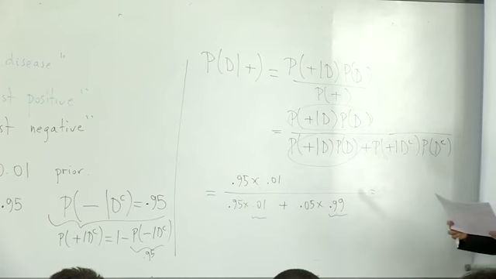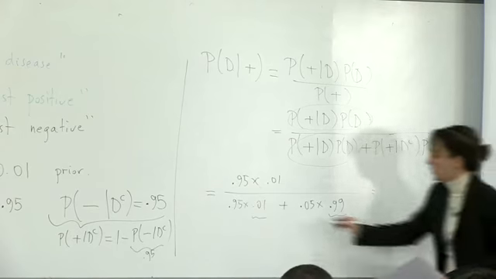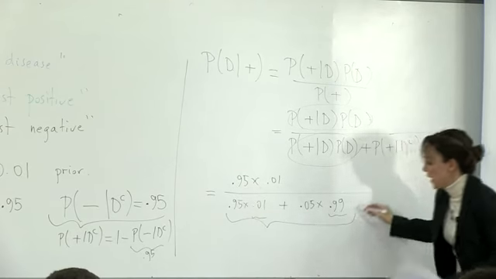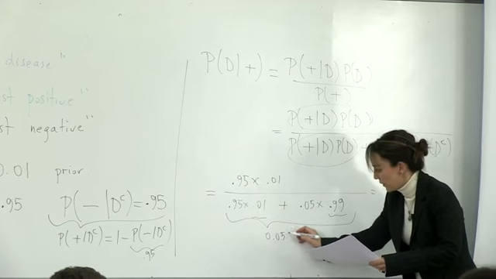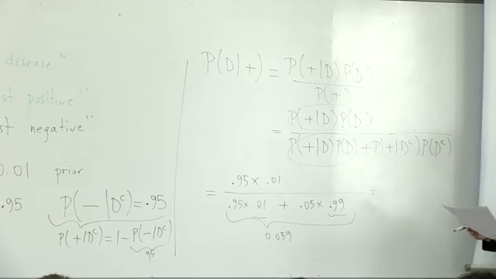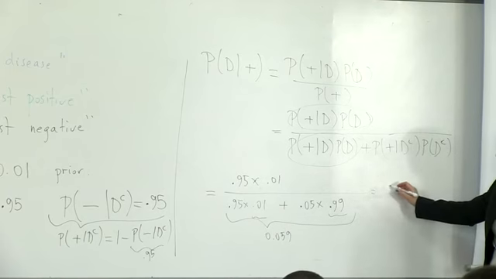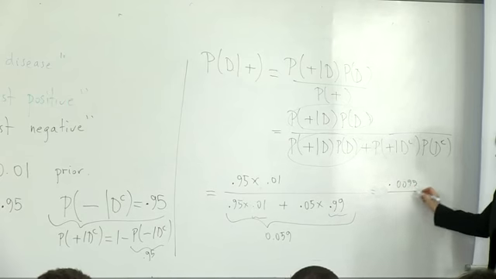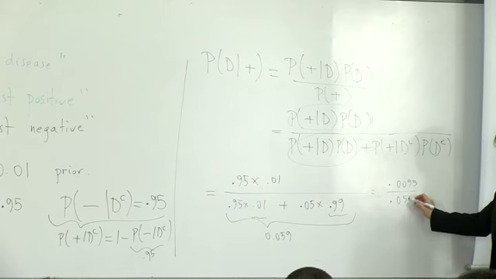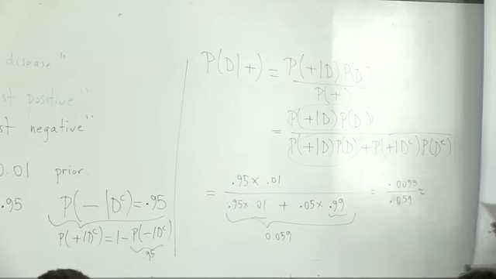Okay, so if you compute this, let me see. The denominator evaluates to 0.059. Okay, and the numerator evaluates to 0.0095. What is the result?